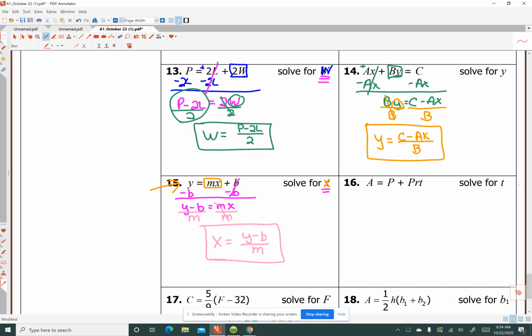In number 16, we're being asked to solve for t. Here's t. It's locked into this PRT term here. So first, let's isolate PRT. So we've got a positive uppercase P here. So the first thing I want to do is subtract P so I can isolate PRT. I know that P appears twice on the right side. We'll deal with that in a minute.